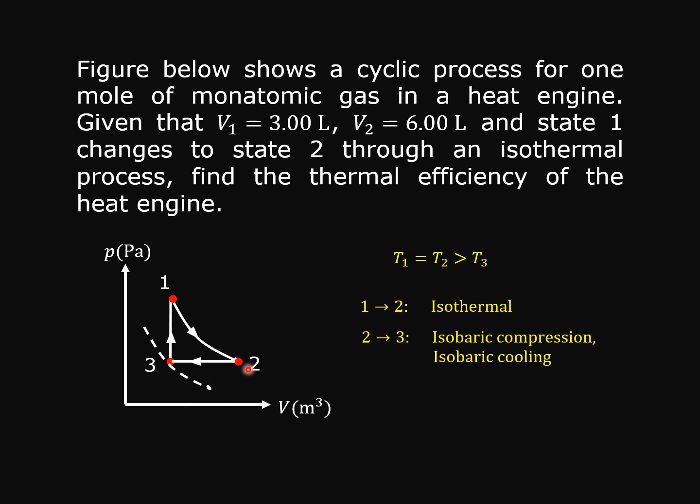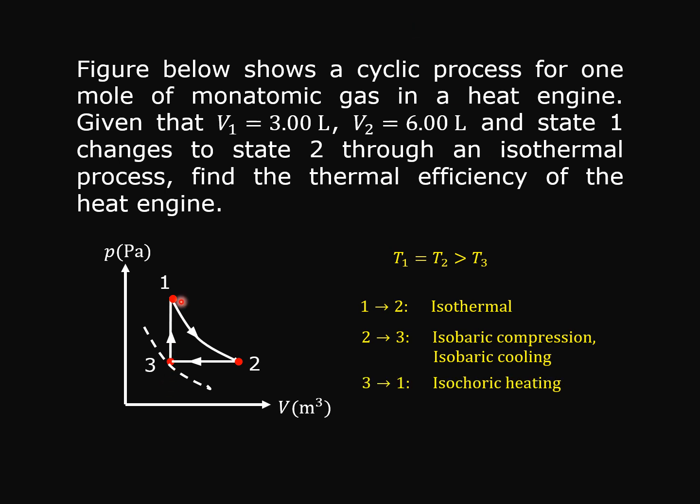Therefore, we call this process an isobaric compression. Considering the effect on the temperature, from our result analyzed before, the temperature is dropped when the state changes from 2 to 3 through this isobaric process. Therefore, this process we can also call isobaric cooling.